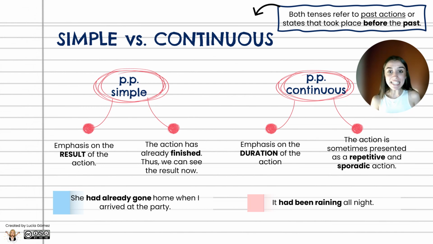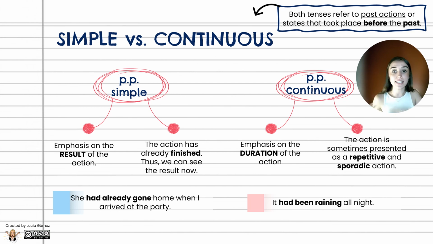Great, so let me summarize the contrast between these two tenses, these two past perfect tenses, a bit briefly. First of all, let me remind you that both tenses are going to be used to talk about actions that happened before the past. Remember, we need to pay attention to that part of the timeline that was previous to the past.